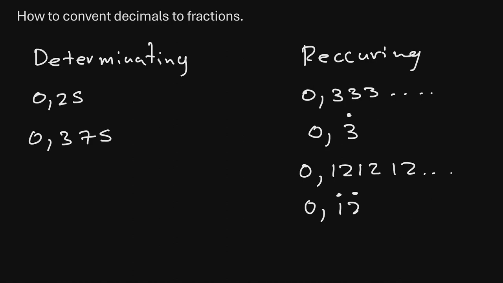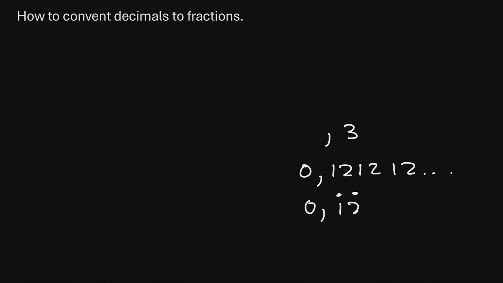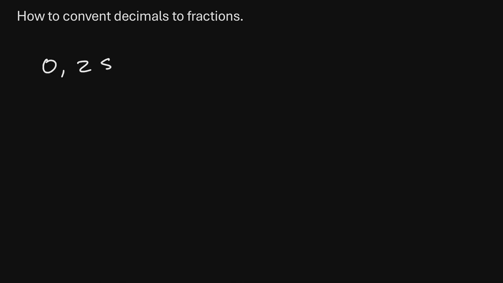So now let us learn how to convert these decimal numbers. If we have a determinating decimal number, for example 0.25, to convert this to a fraction, you're going to look at how many numbers does it have after a comma. So in this case, we have 1, 2.